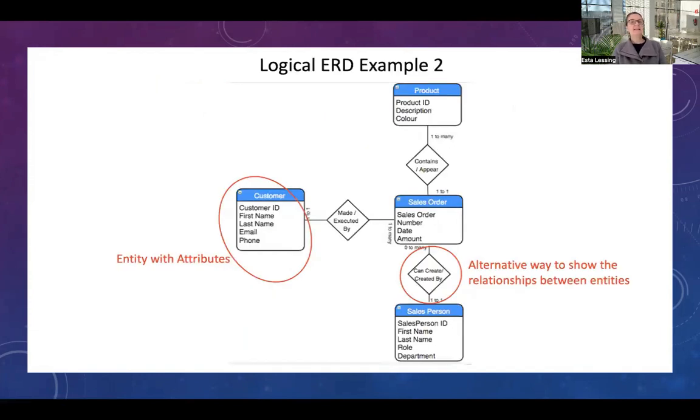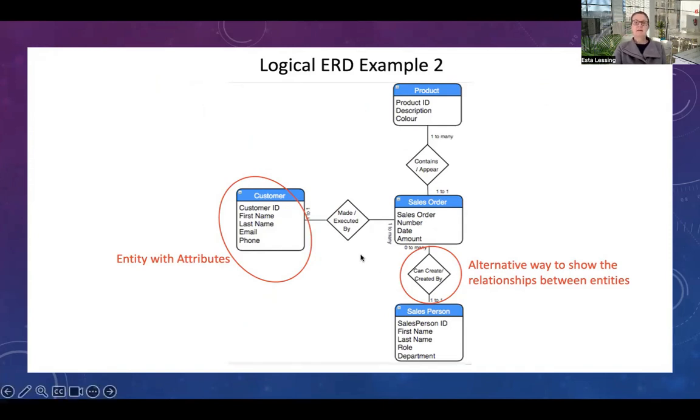Now, this is another example of a logical entity relationship diagram that is shown in a slightly different way. As you can remember, when we started talking about entities, I also talked about the different attributes associated with the entity. In the previous diagram, we didn't show any attributes.